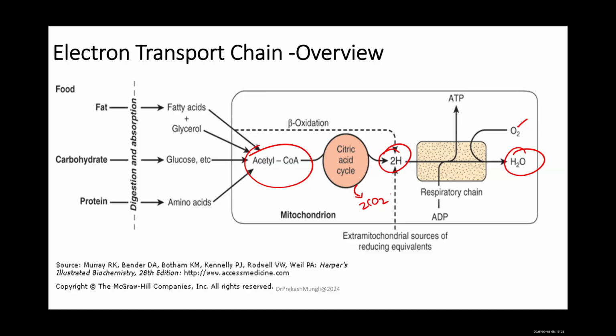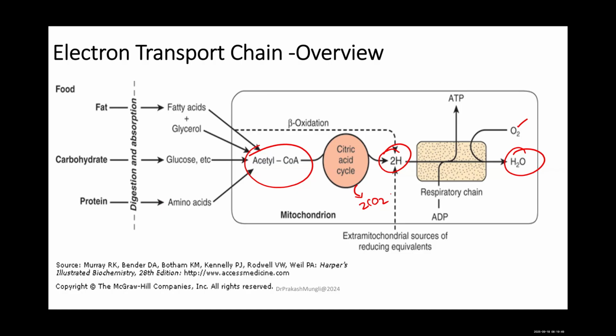ADP combined with Pi is an endergonic reaction. If you are combining 2 things together, you need a little energy, right? From where does the mitochondria get energy? It gets energy from the flow of protons. As the protons flow from one complex to another, they start releasing energy. That energy is used to combine ADP with Pi to make ATP.